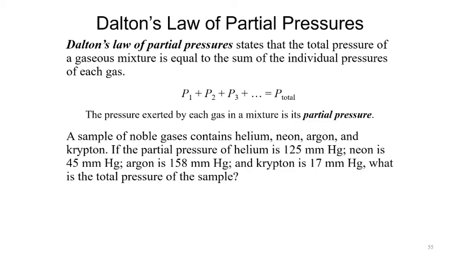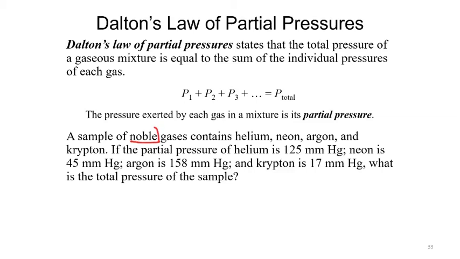If I want to know the total pressure of the entire sample, I just add all those numbers up. That's it. Like that's all you have to do. What if I know the total pressure, but I don't know one of the other substances? Well, now I do the algebra to solve for that missing substance. Okay? I'm not going to do any math solves there. You can talk to me or look for examples in the textbook to push on that.